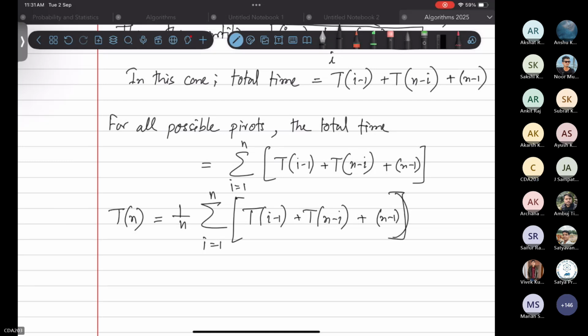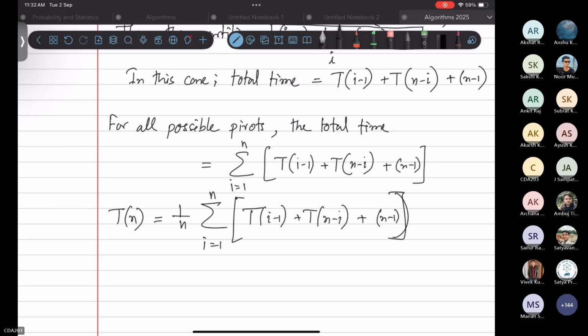At this point, if you have any question, you can ask me. This is the important thing that you should get. Once you get to this equation, the only thing left is some calculation, which I'll do for you.